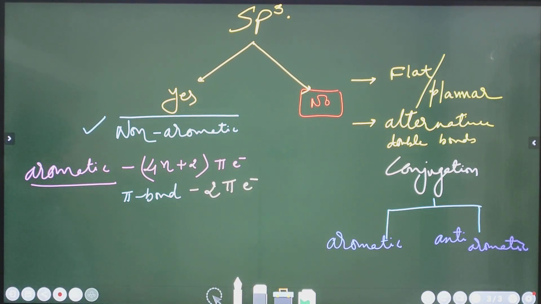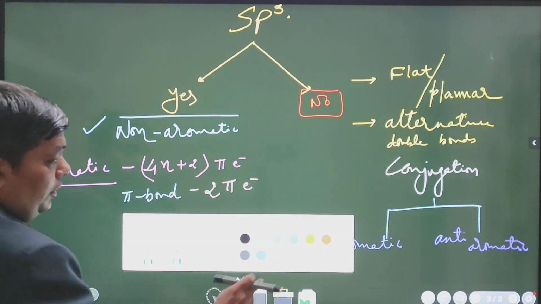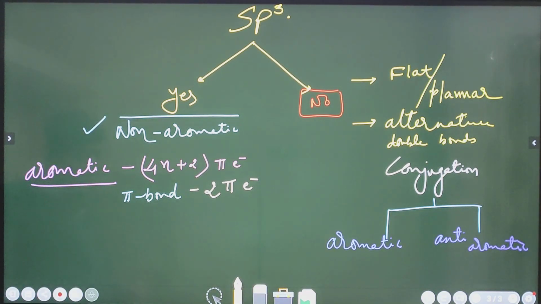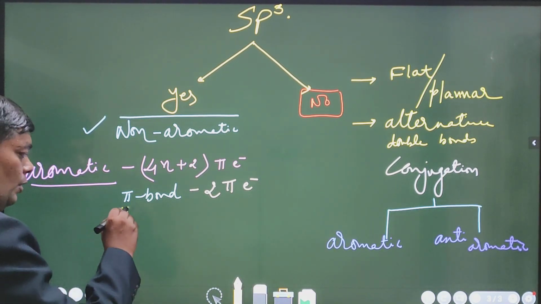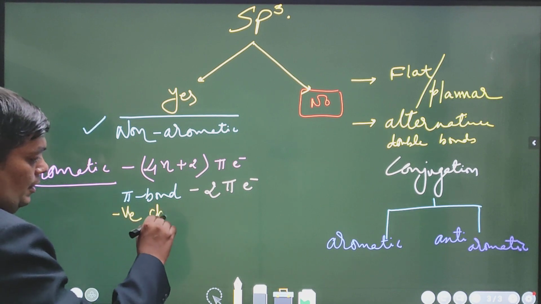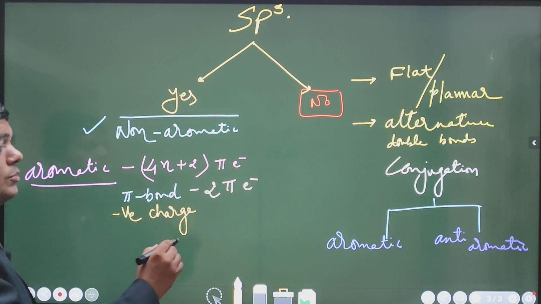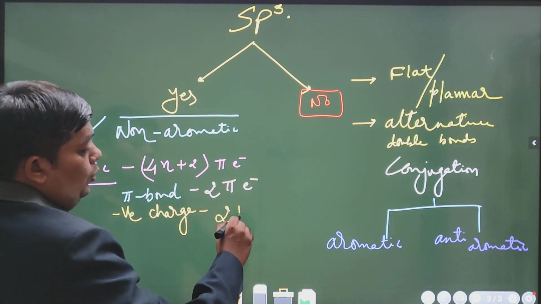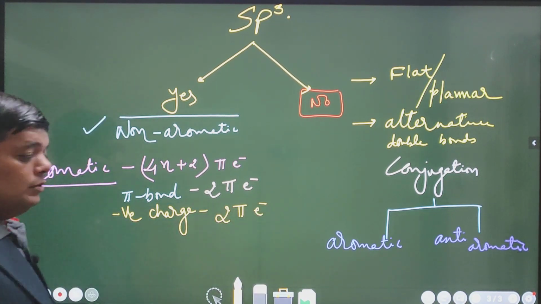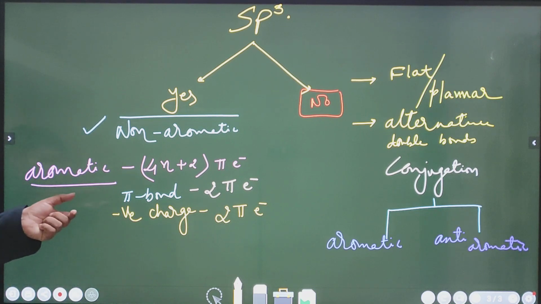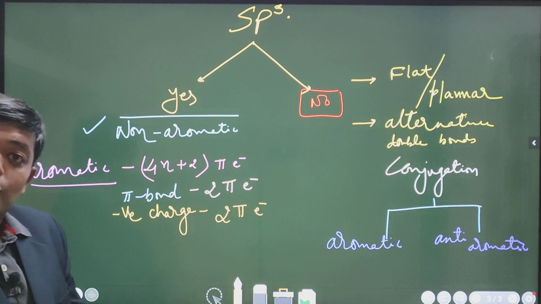The other option available with you is a negative charge. This negative charge will again give you 2 pi electrons. So keep both these things in your mind whenever you are attempting such type of question.